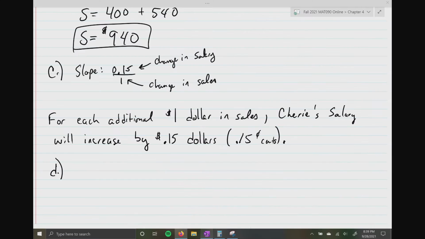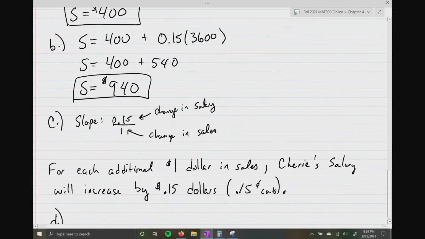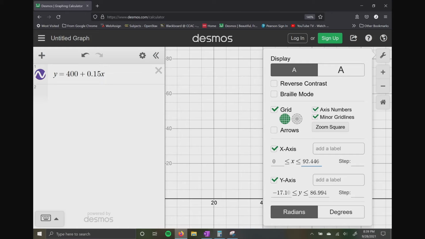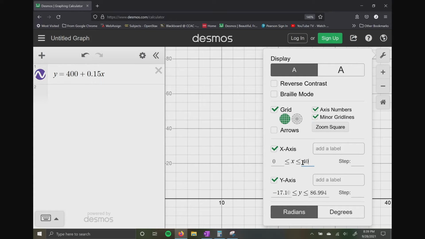So let me go back here real quick. Was 3,600. I was making sure. So I'm going to make this 0 to 4,000. And the reason why I did that is because that's where I know my values that I substituted in, parts A and B, were 0 and 3,600. So I just kind of put this where I need it.